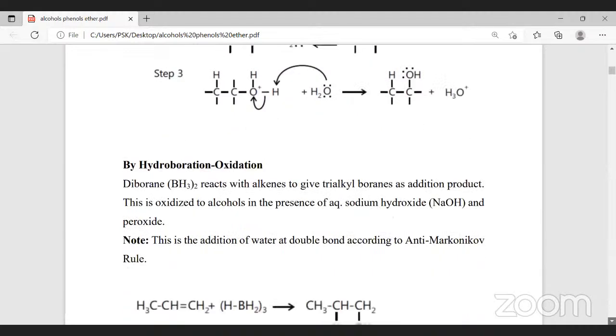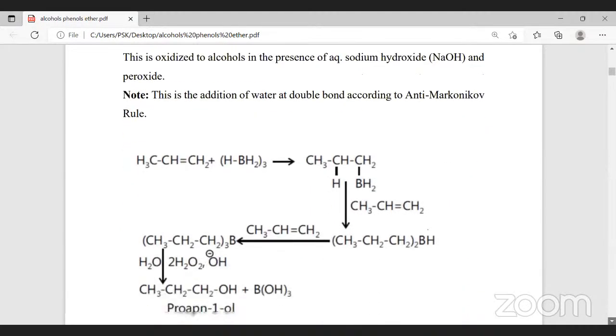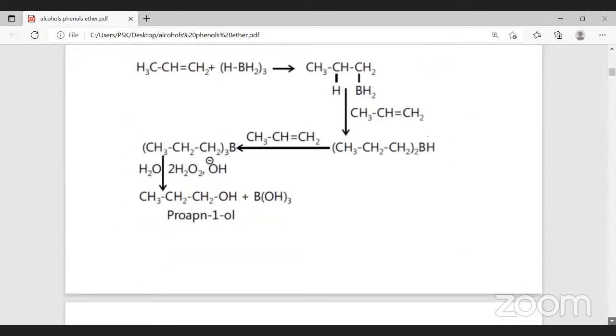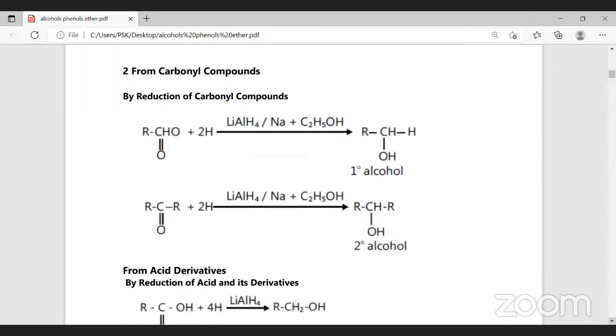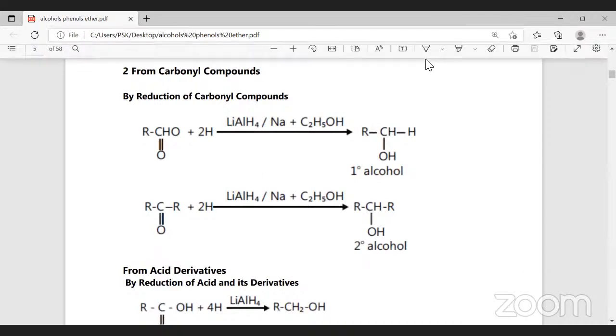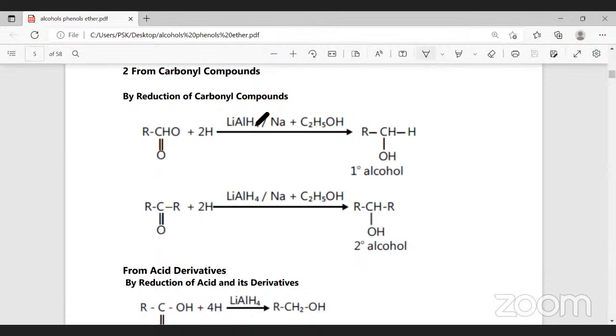And hydroboration oxidation reaction, I also taught you in detail. And from carbonyl compounds, reduction, this also I taught you. Lithium aluminum hydride is a very good reducing agent. Anything which undergoes oxidation will be called a reducing agent, or anything which gives nascent hydrogen.